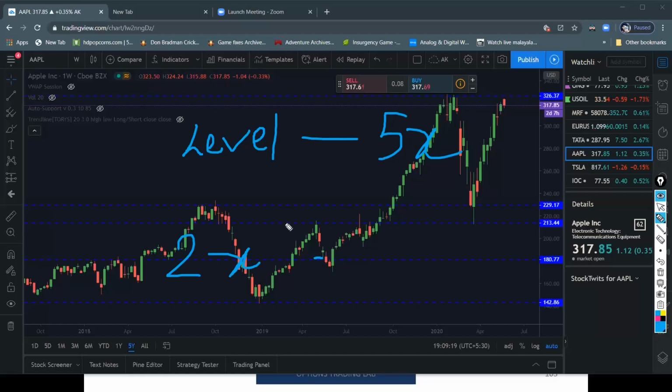When you draw support and resistance lines, do not draw multiple lines at unimportant levels because that can make your chart congested, and only draw the recent levels.